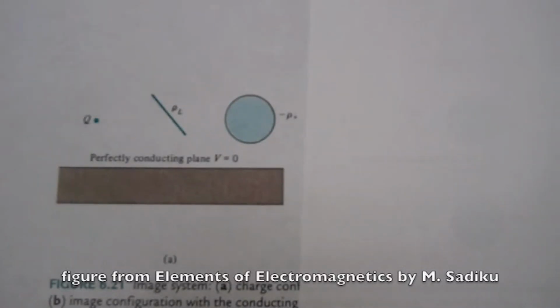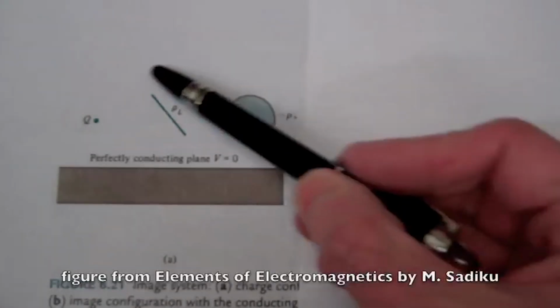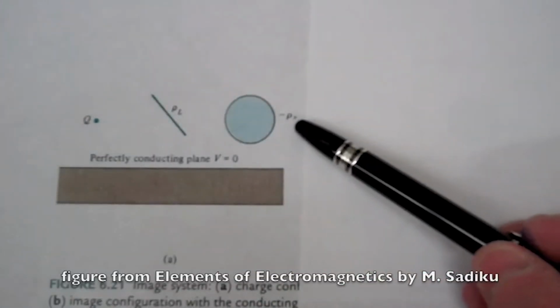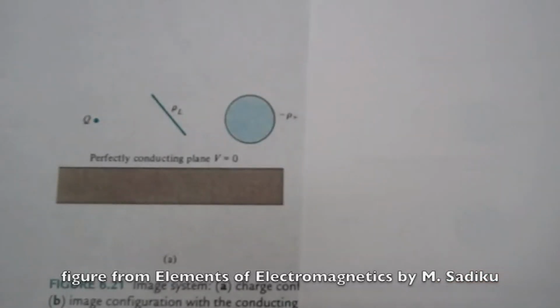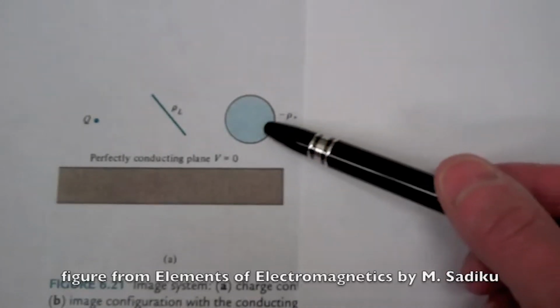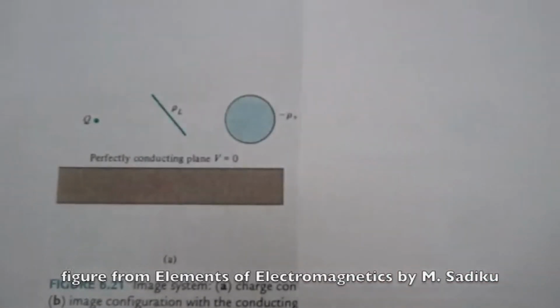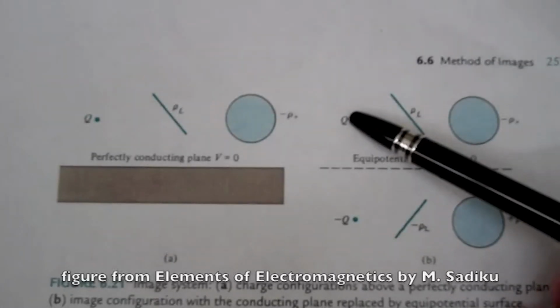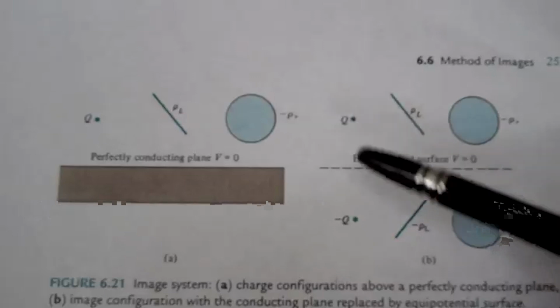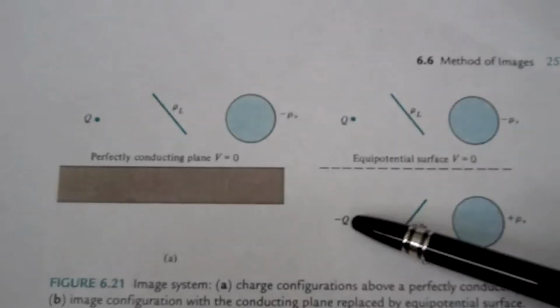Because superposition holds, if you have a more complicated arrangement of charge pattern above a grounded conducting plane, you could remove the conducting plane and put mirror images of all these charge patterns as shown here. For the positive point charge Q, you put a mirror image charge of the opposite polarity.